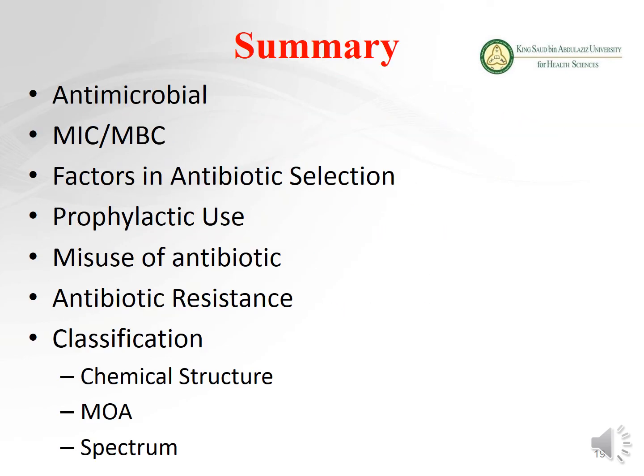So in this lecture, we have discussed the antimicrobial drugs, the definition of antimicrobials, MIC, minimum inhibitory concentration, and minimum bactericidal concentration, factors in antibiotic selection, or what factors have to be taken care of during the selection of antibiotics, prophylactic use, in which situations we can use them prophylactically, misuse of antibiotics, the situations where antibiotics are misused, and resistance, the mechanism of resistance, and the classification.